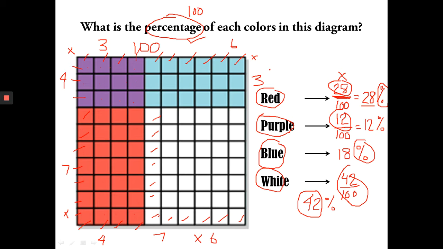So if you have the diagram, you can get the percentage directly without looking for the fraction. But if you're not sure, you can get the fraction and then get the percentage.